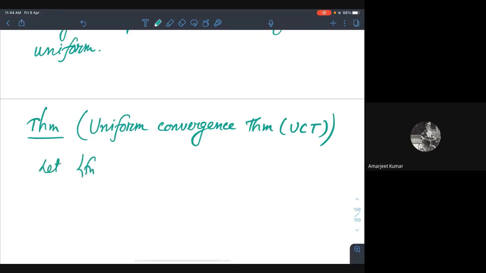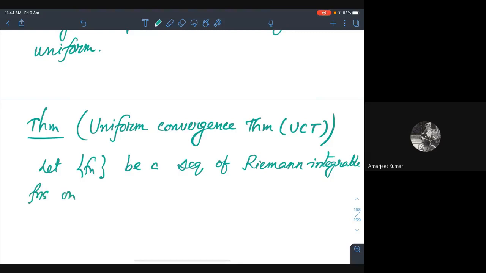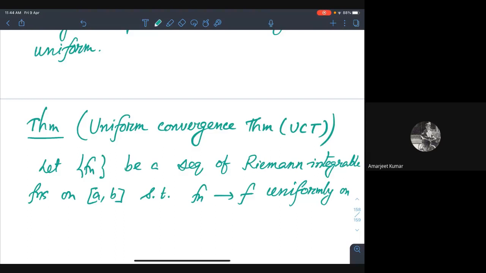Let f_n be a sequence of Riemann integrable functions on [a, b] such that f_n converges to f uniformly on [a, b]. So we assume uniform convergence.